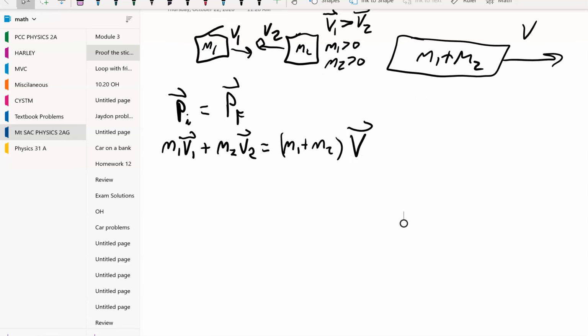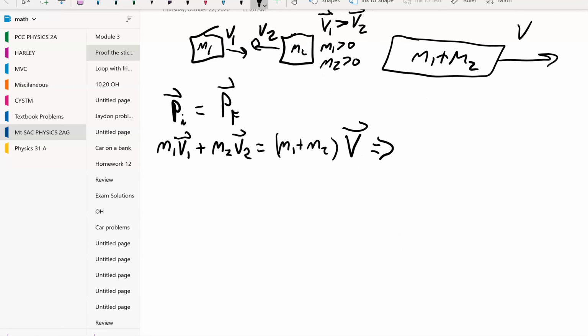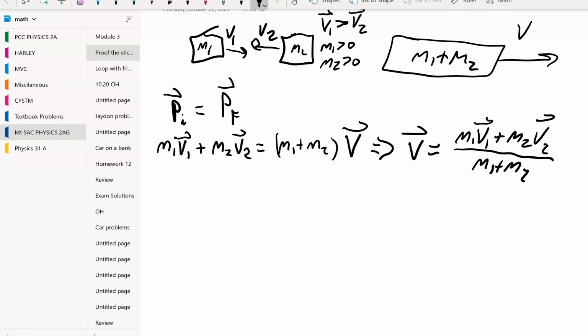Anyway, so what this tells us from conservation of momentum is that the final velocity is M1 V1 plus M2 V2 divided by M1 plus M2. Okay, so let's look at the final kinetic energy, KE final, and that is 1/2 M1 plus M2 times V squared.